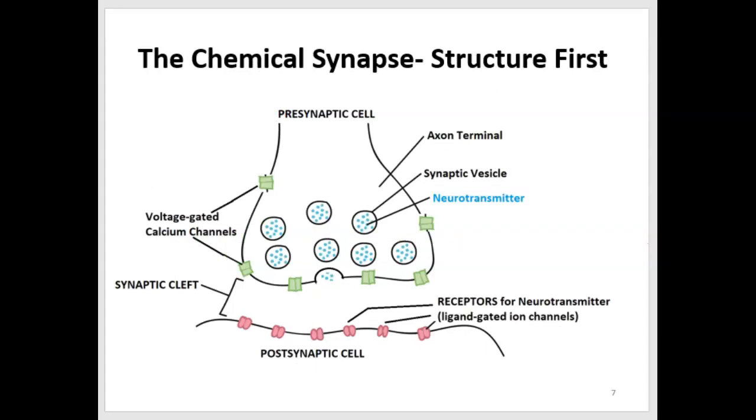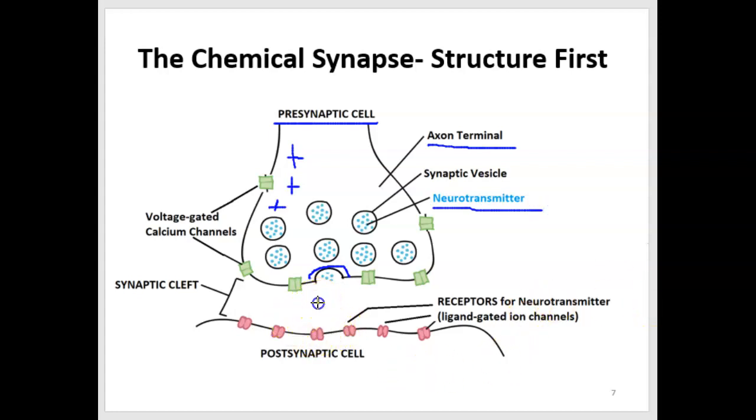So let's look at a chemical synapse one more time. Here we have the structure anyway. Here we have a presynaptic cell, or neuron, and an axon terminal. The depolarization comes down to the axon terminal, which causes the secretion, by exocytosis, of a neurotransmitter, shown in kind of aqua blue.